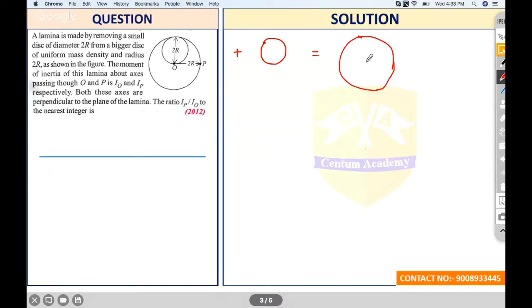So using the principle of superposition, if I have to find the moment of inertia about O of this figure, then I can say it is equal to the moment of inertia about O for the full disk, let's say that is I1, minus this one, I2. So I0 will be equal to I1 minus I2. But both moments of inertia should be about the same point. So O is here, and here this is O, because when you add this smaller disk, you are adding it here, isn't it? So point O will come out to be at the tip here.